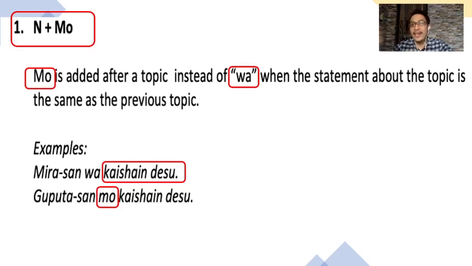So Mira-san is kaishain. Gupta-san mo kaishain desu. So which means that Mira is kaishain. Gupta is also kaishain. So to say also, we put mo and then kaishain desu. So which means that Mira-san and Gupta are the same, and that Gupta is also a company employee.